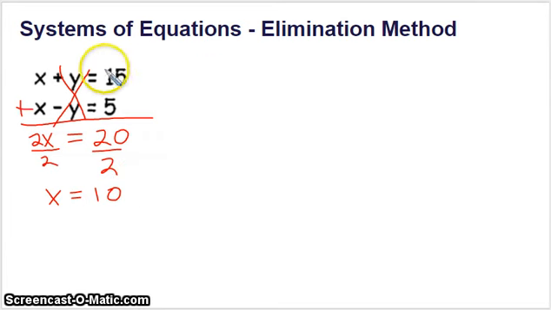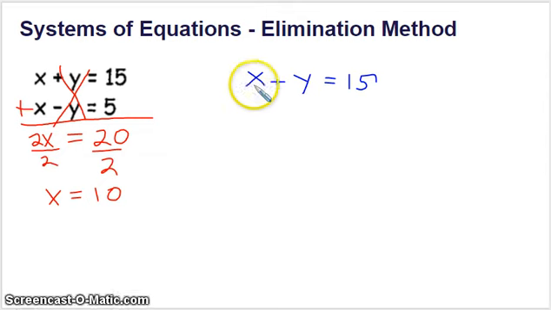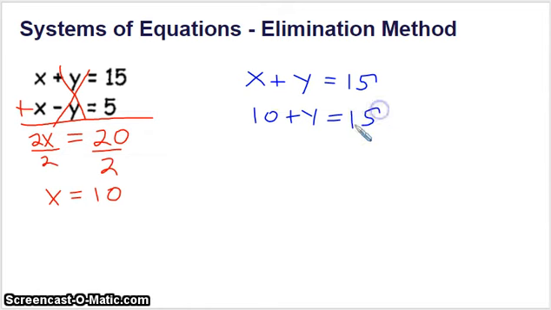So let's use that top equation. We have x plus y equals 15. And let's just plug in 10 for x. 10 plus y equals 15. We want to isolate y.